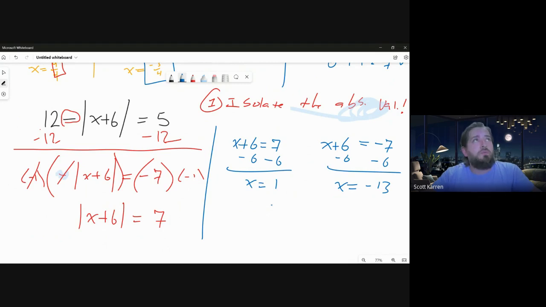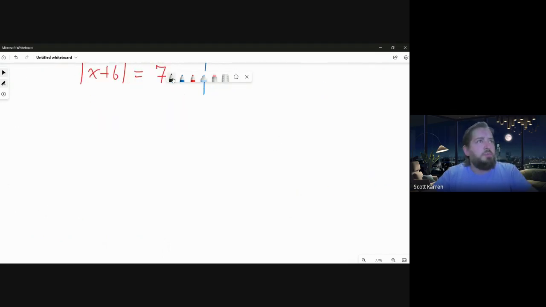The one funky one that you might see, I don't see one like this in the list of problems that I'm looking at, but just do be aware of something like this.